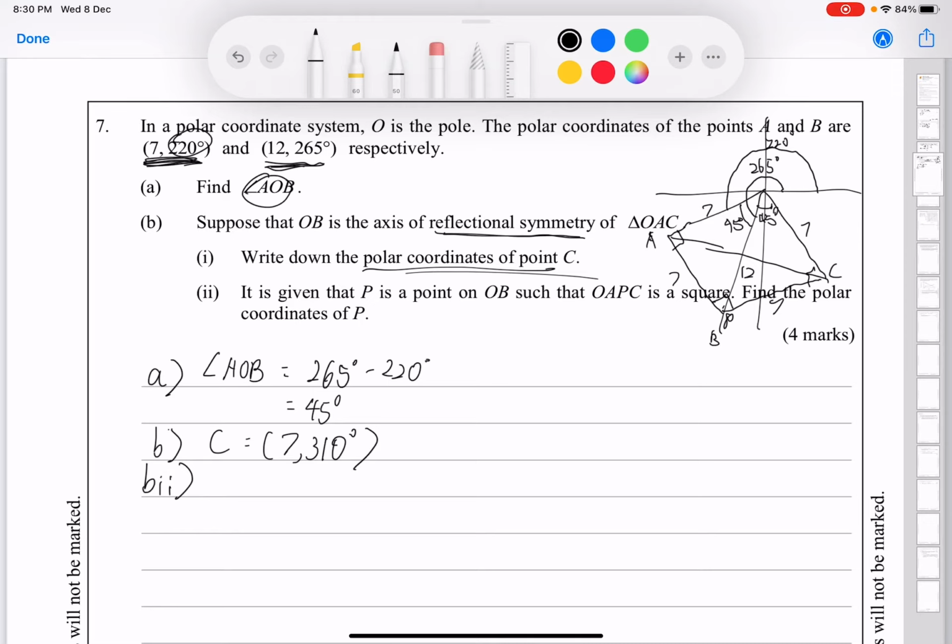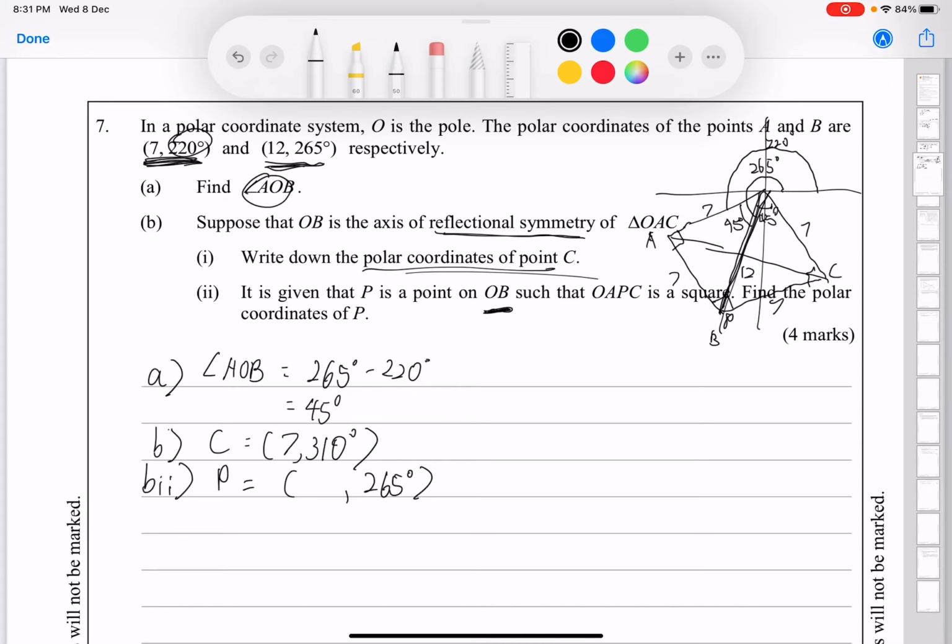So, how do we find this? Firstly, as it is a point on OB, we can already deduce that the angle is 265 degrees. But how can we find the distance from the pole?